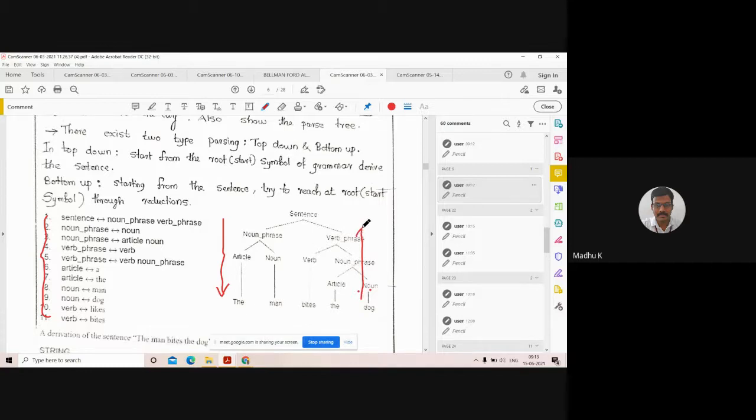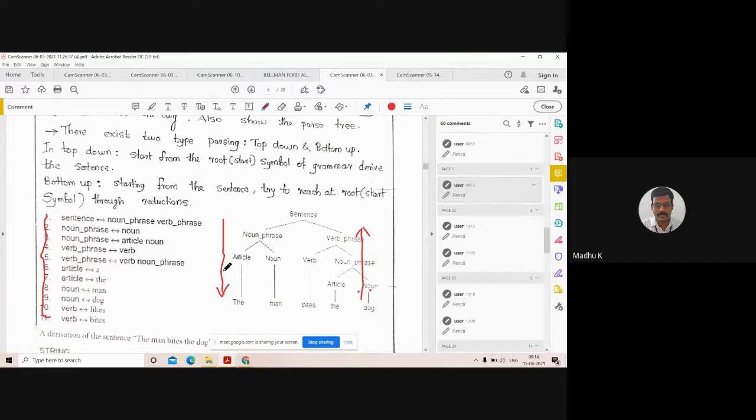Which are the different types of parsers? It's a very important topic, please note it. One is purely based on context-free grammar, that is the top down and bottom up parser.